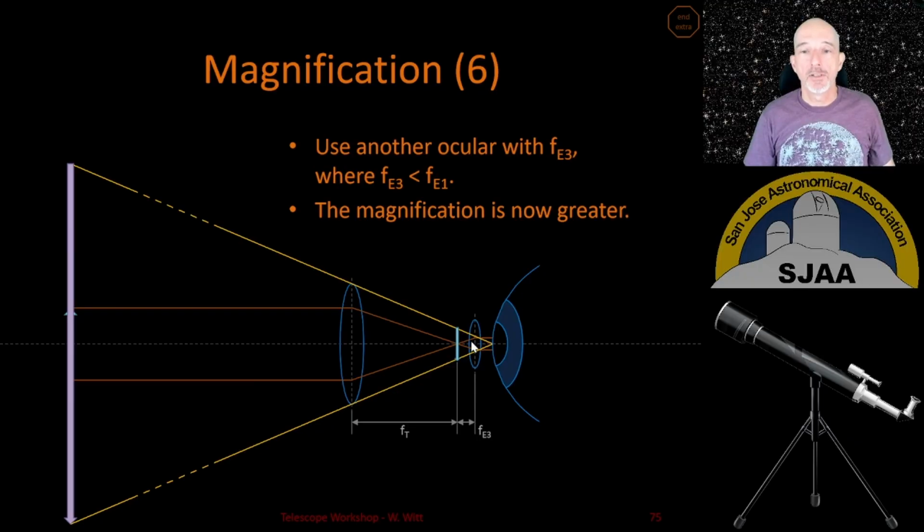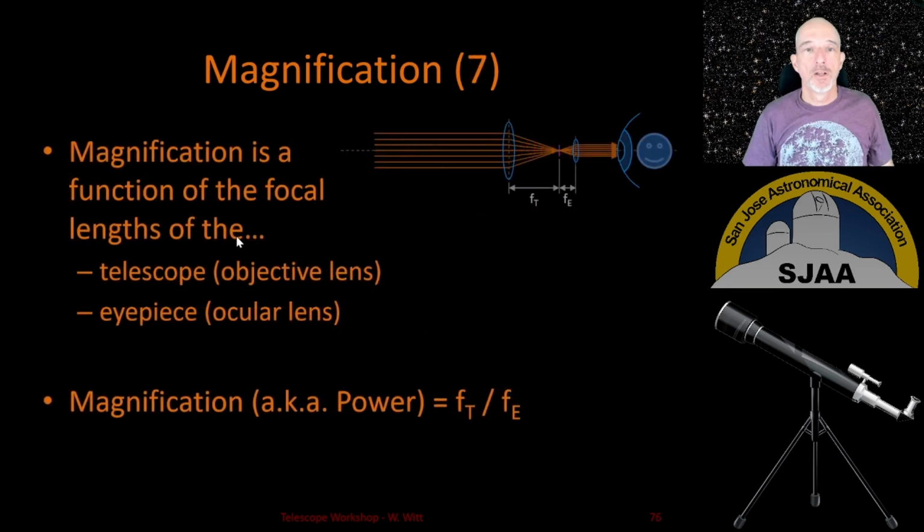And if the eyepiece focal length becomes larger, then the magnification decreases because this cone becomes shallower. And just to wrap this up, as we said on Sunday, magnification, or the power of the system, is a function of the focal length of the telescope and the eyepiece: the telescope focal length divided by the eyepiece focal length. I hope the diagrams on the prior slide make it clear how that comes to be.